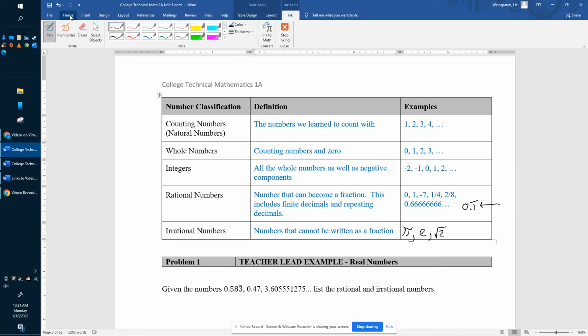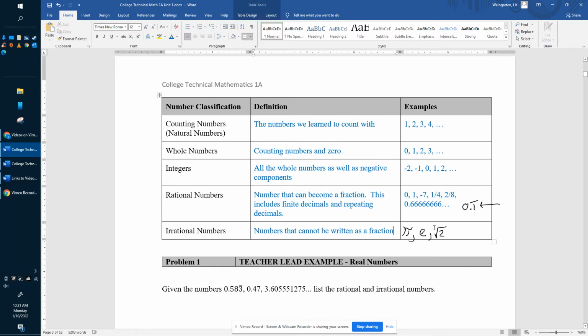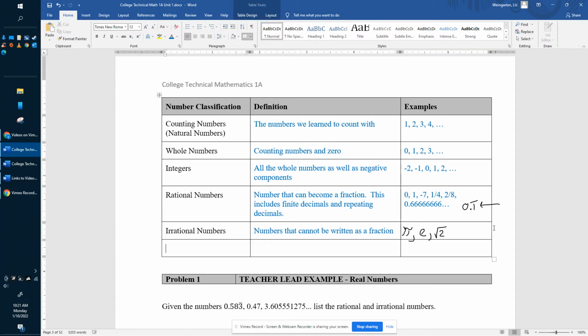So I'm going to type one for you as well. So if we look at the row underneath here, 2.001001000100001, you can see that there's a pattern there, but it doesn't actually repeat. It just goes on forever, adding zeros before the 1. So there's no way that we could make that number into a rational number.